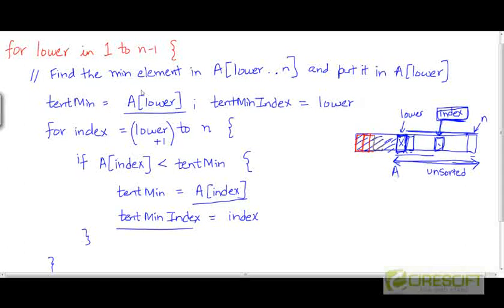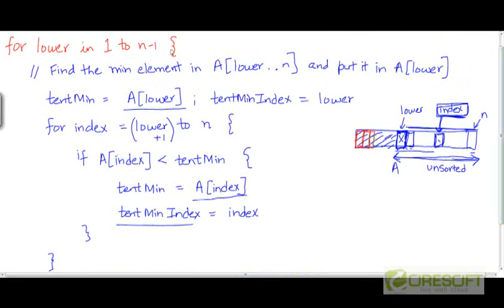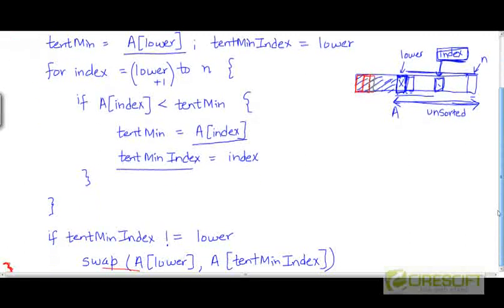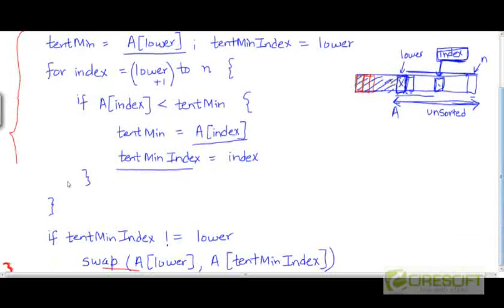Right? Notice that this code is going to be executed. So this blue part of the code, which is inside the for loop, this whole portion is going to be executed n minus 1 times.